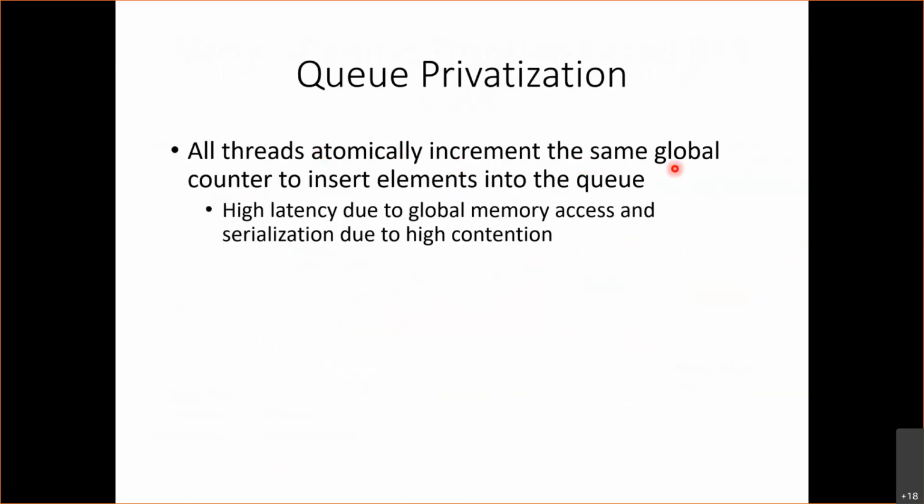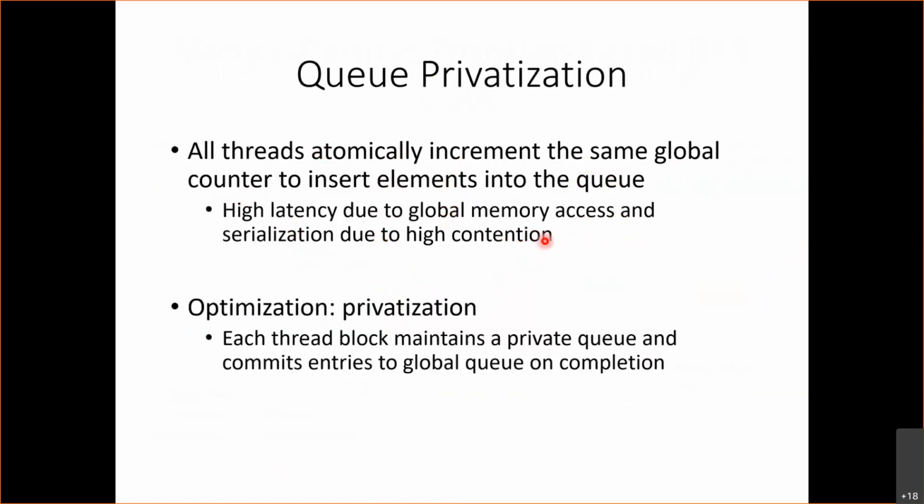So, queue privatization. As we saw, all threads are atomically incrementing the same global counter to insert elements into the queue. This means we have high latency because of the global memory access, and we have serialization due to high contention. The optimization we can apply is privatization, where we have each thread block maintain a private queue, and then it can commit entries to a global queue upon completion.